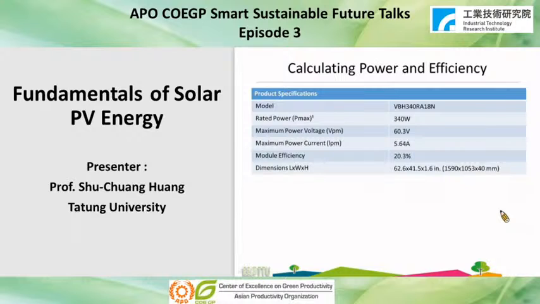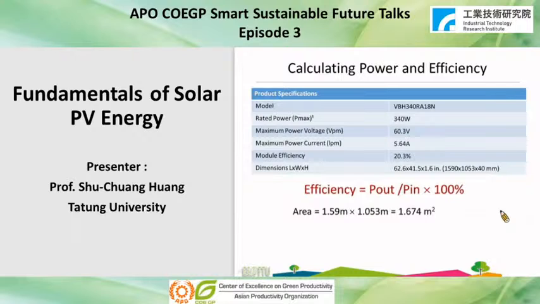So from the data sheet, you can also see there's a module efficiency, and we can actually calculate the number according to the spec. So first of all, we need to define the efficiency. The efficiency is the power output divided by the power input in percentage.